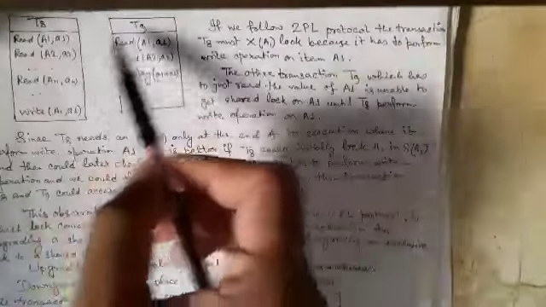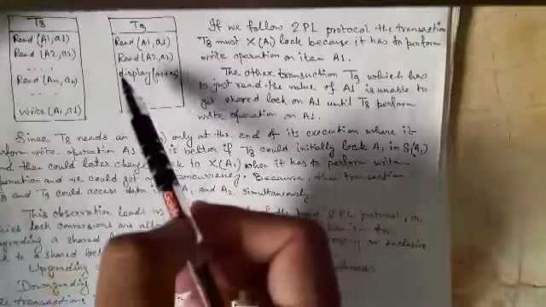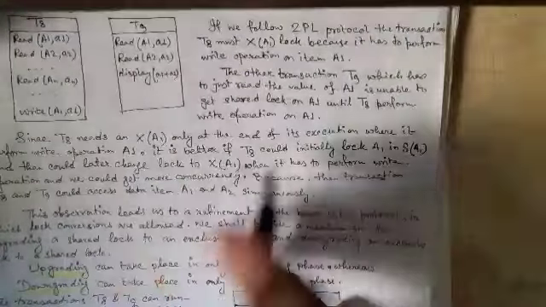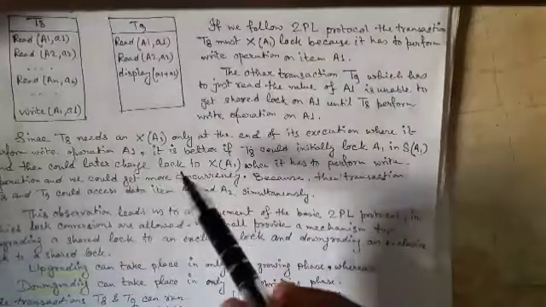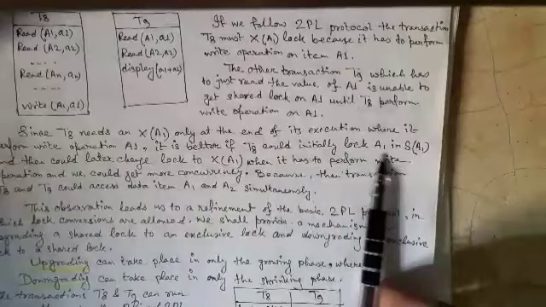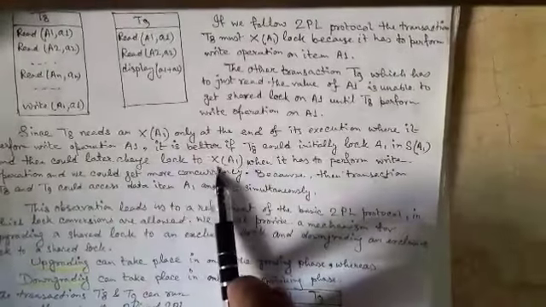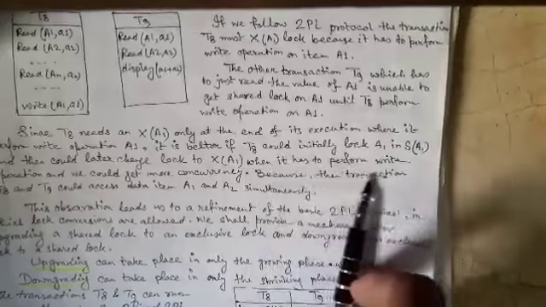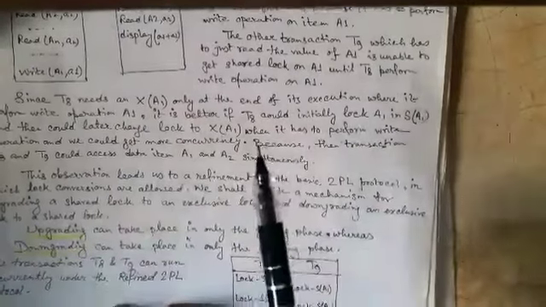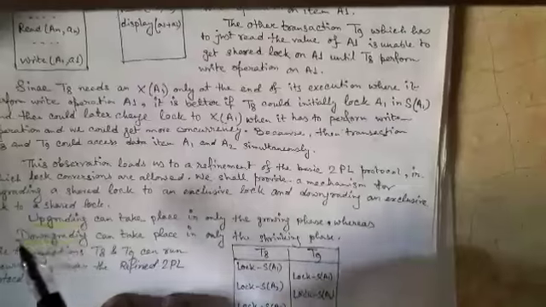So T8 and T9 will continue to operate simultaneously, concurrently. That means if we initially lock the A1 by shared lock and then change that lock to exclusive lock when it has to perform the write operation, then T8 and T9 perform concurrently, and this is known as upgrading.